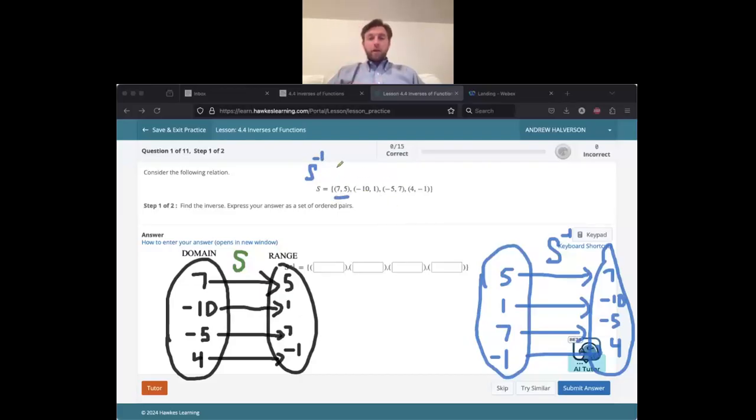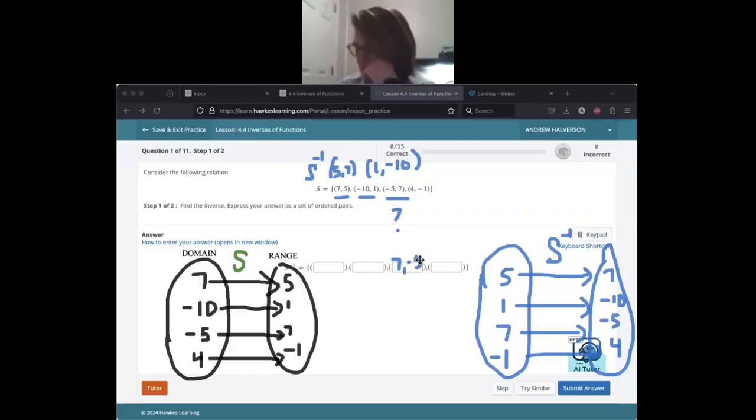Turn them around. That becomes 5, 7. Take this, switch them around: 1, -10. Switch, switch, switch. So what does -5, 7 become? 7, -5. Right.